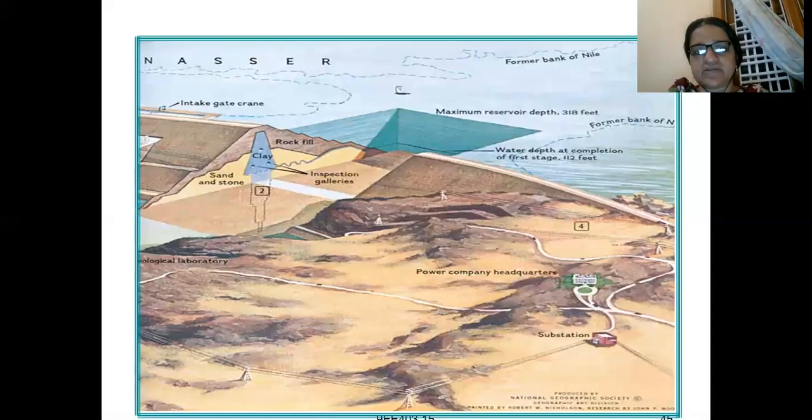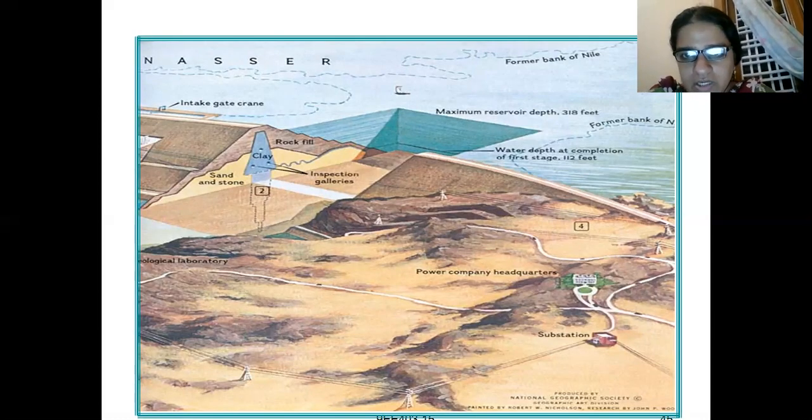Right, and next is another figure related to your hydroelectric power station. See, there in light blue or sky blue color, the reservoir is there, showing how water is stored in the reservoir.